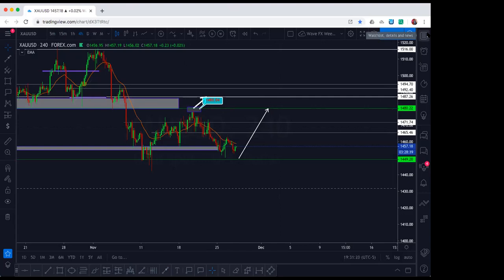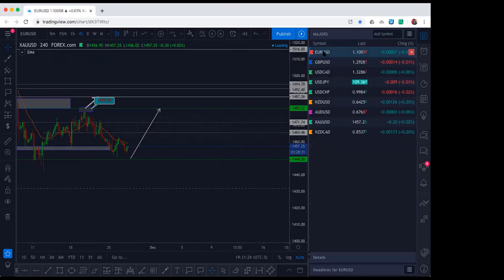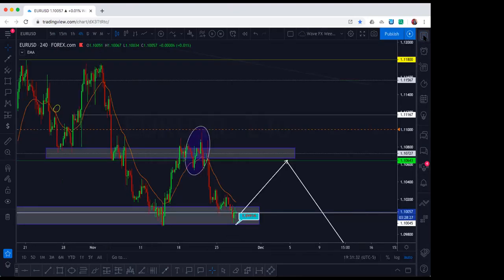All right. So if we do a quick recap of the market, for Euro USD, we'll be looking for long opportunities now, and our target zone is about 11,072.